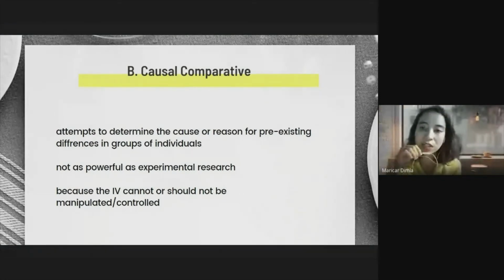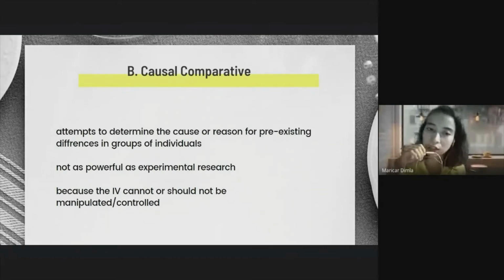Meaning to say class, wala pa rin kayong i-manipulate or i-control na variables here. But it is not as powerful as the experimental research. Kasi nga, walang manipulation or controlling of variables, specifically the independent variable.